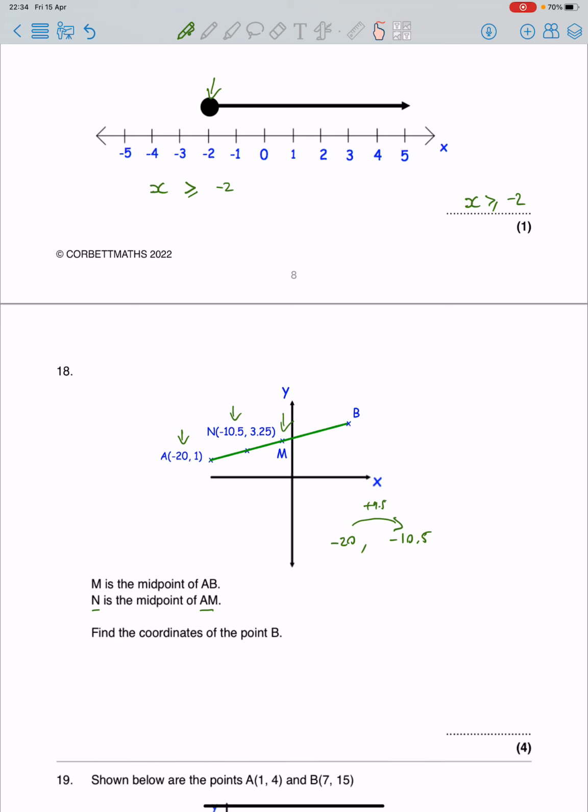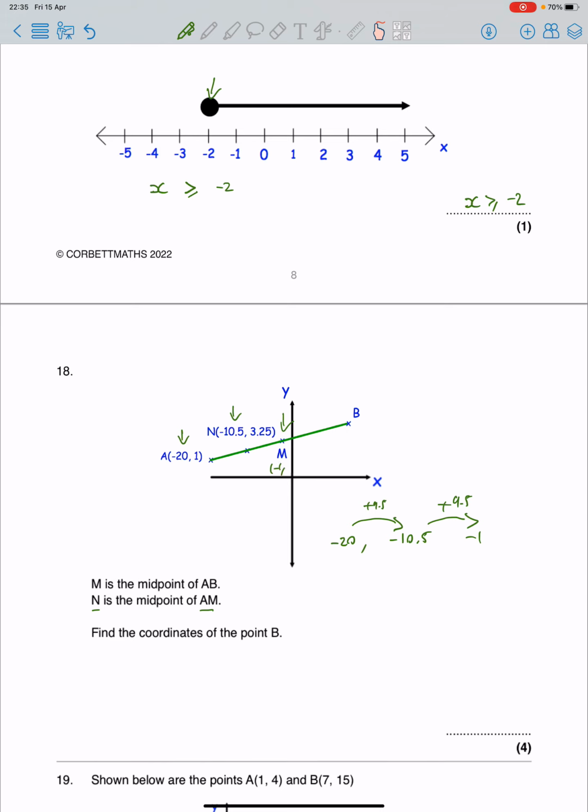And because it's the midpoint, we're going to make the same jump. So again, plus 9.5. I'm actually going to be shameful and just do this on my calculator. So minus 10.5 plus 9.5 is going to give minus 1. So we know the x coordinate of M is equal to minus 1.